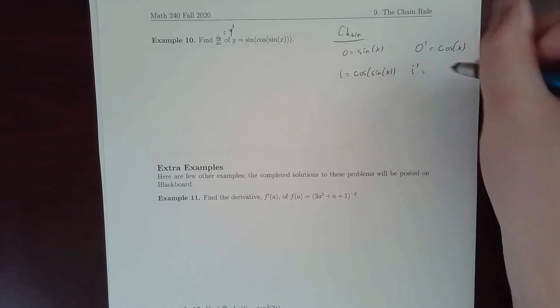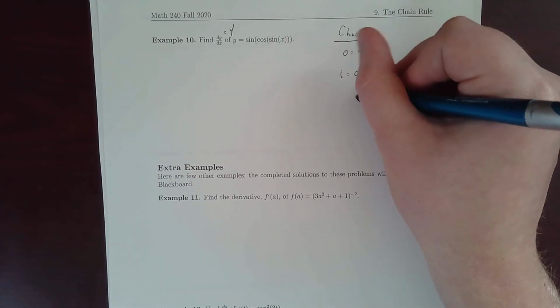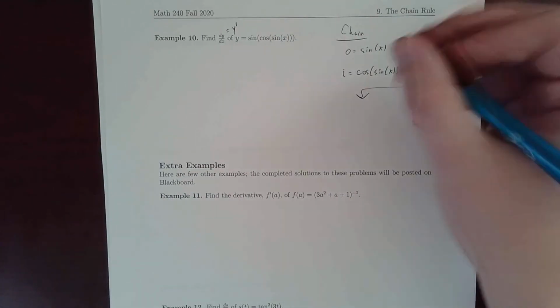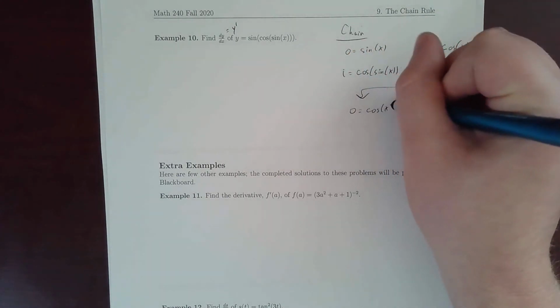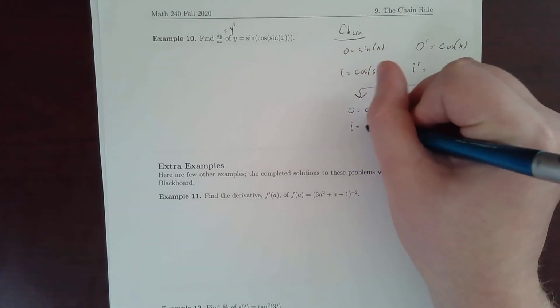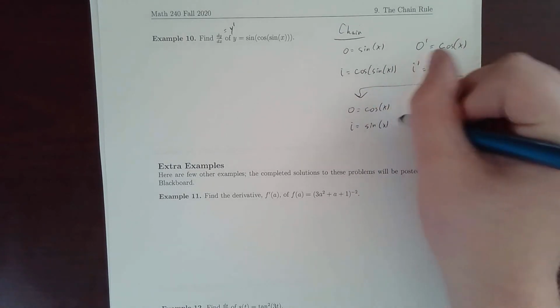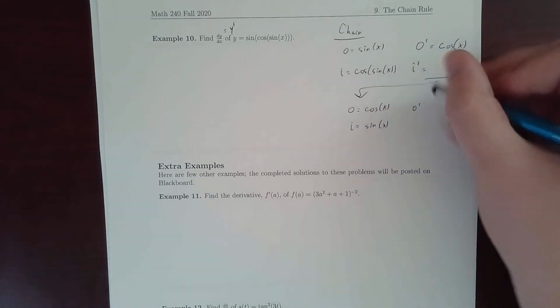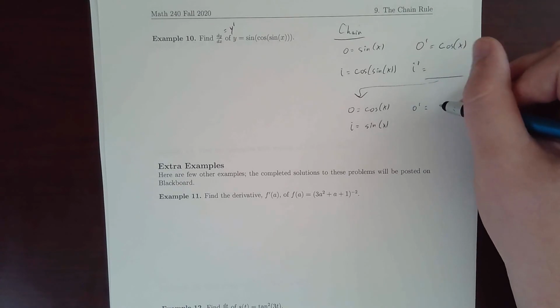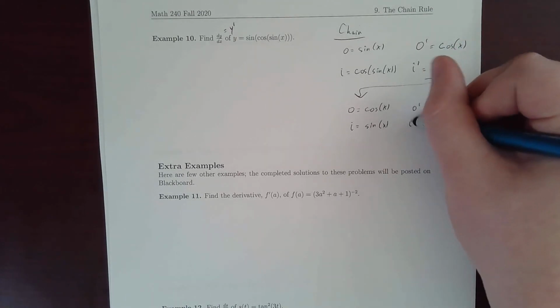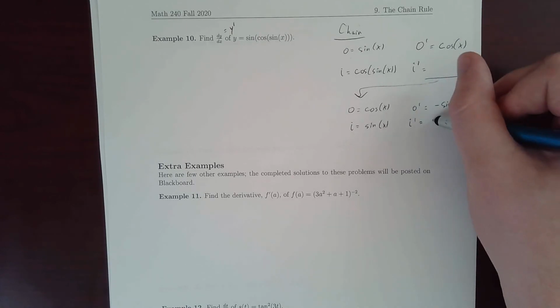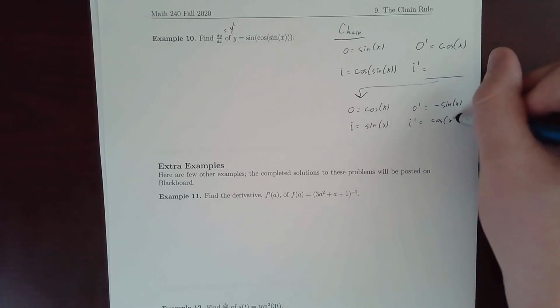Derivative of the inside will be another chain rule. And so here we have our outside function as cosine of x and our inside function as sine of x. So the derivative of that outside function is going to be negative sine of x and the derivative of that inside function will be cosine of x.